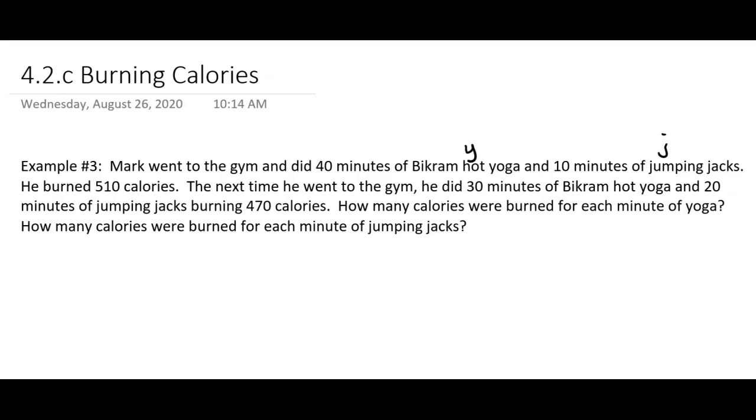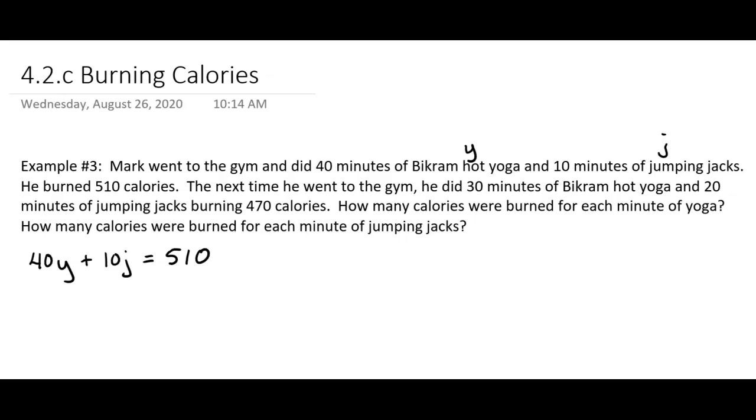Okay, so 40 minutes, this is all in minutes, right? 40 minutes of yoga plus 10 minutes of jumping jacks, and he's burning a total of 510 calories. So that's where the equation comes from. You take how many minutes times how much he would burn per minute.